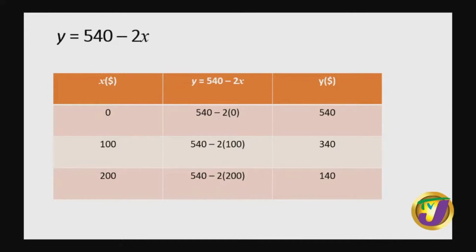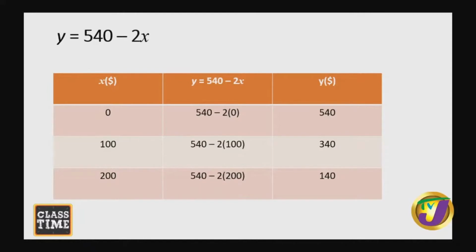All right. What if it were sold for $200? That would be 540 minus 2 times 200, or 540 minus 400, and that would be $140 for one box of orange juice.